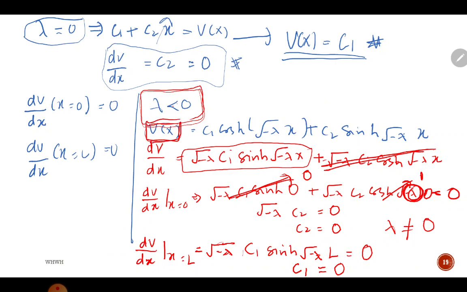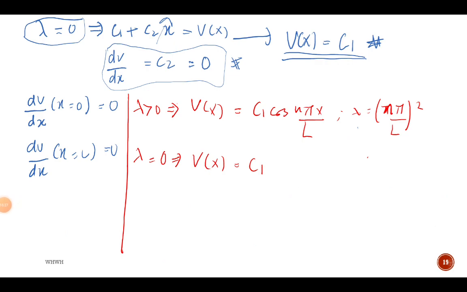We do not have solution for Vx because we have C2 equals to 0 and C1 juga sama dengan kosong. So maknanya the eigenvalues of lambda less than 0 is not the solution for our Vx. Alright, so our Vx solution is only for lambda more than 0 and lambda equals to 0.